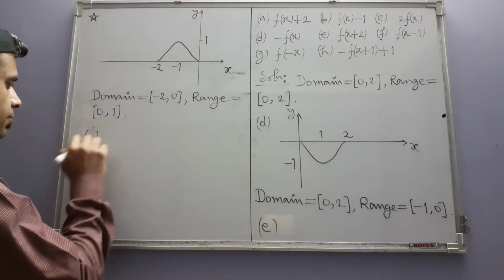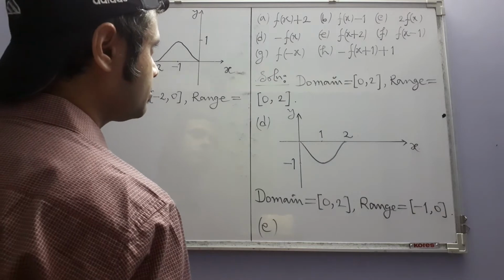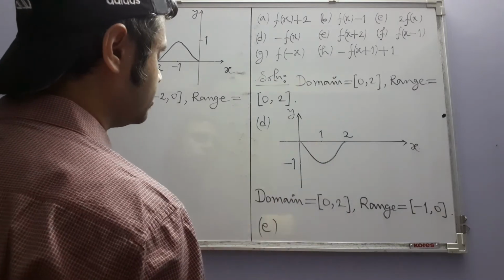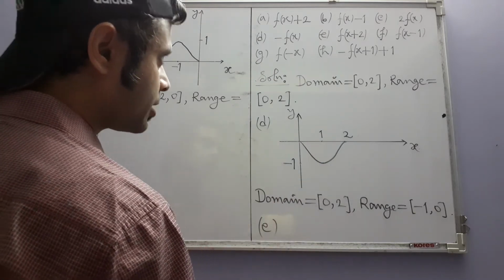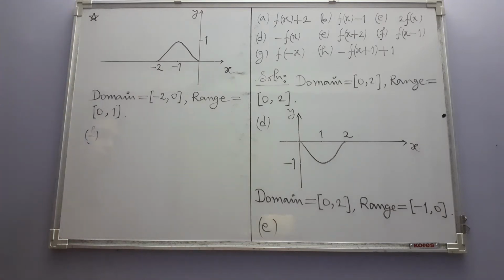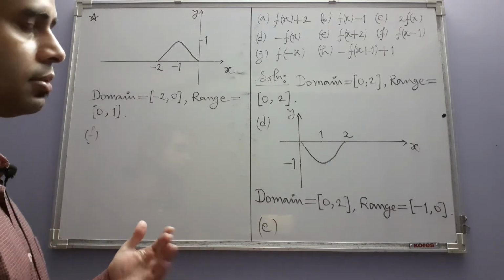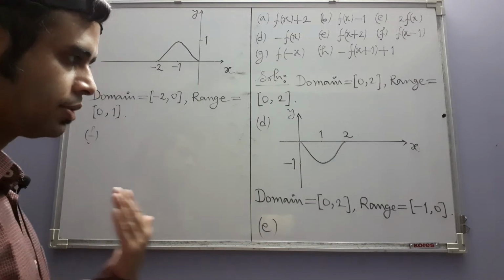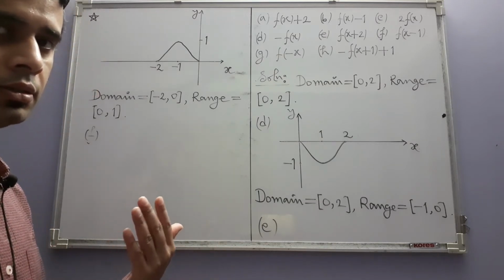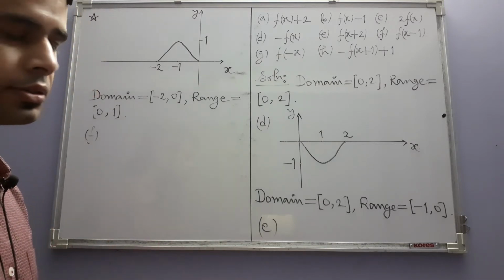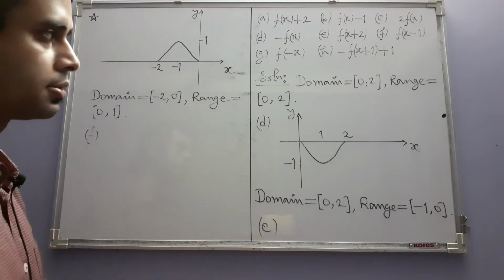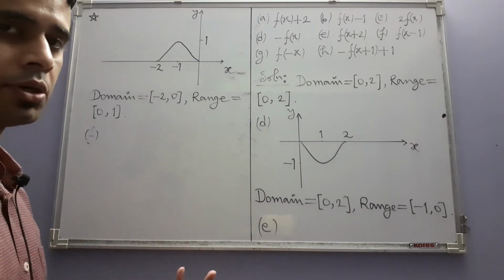Next, F. So here also the domain will change, and because we are subtracting 1 from x, from the input, this time the graph will get shifted horizontally towards the right side of the x-axis, towards the positive x-axis, by an amount 1 unit.